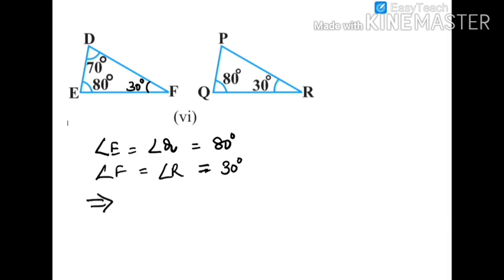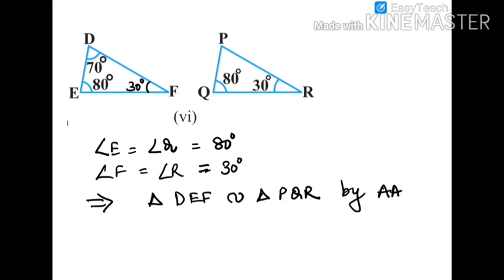So we can imply that triangle DEF is similar to triangle PQR. E corresponds to Q and F corresponds to R, so D will correspond to P by angle-angle criteria. I hope these examples have made it clear how to use the criteria for similarity to find whether two triangles are similar or not.